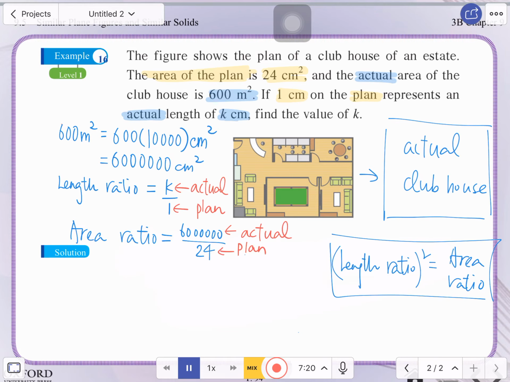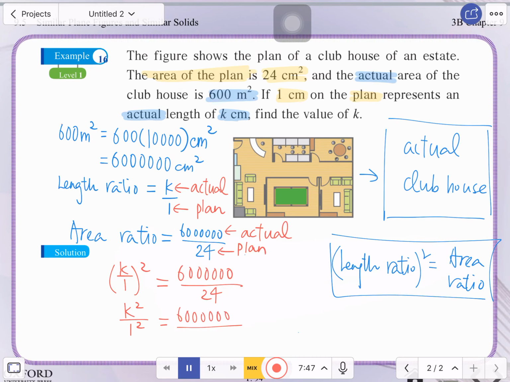So k over 1, the whole term squared, will be 600,000 over 24. Now we want to break the brackets for the whole bracket squared on the left, so it will be k square over 1 square.